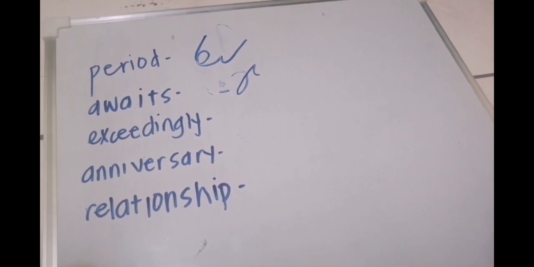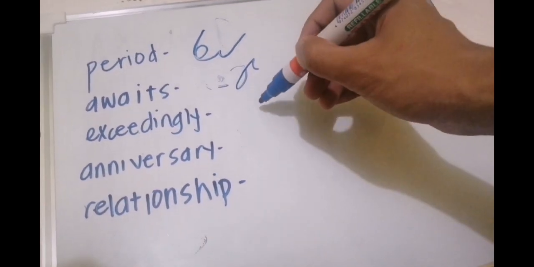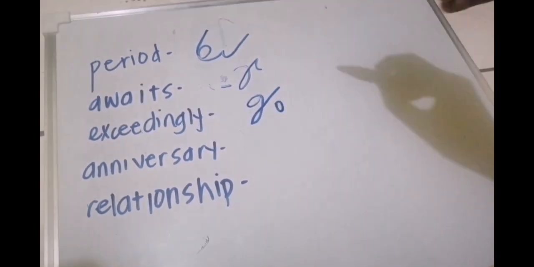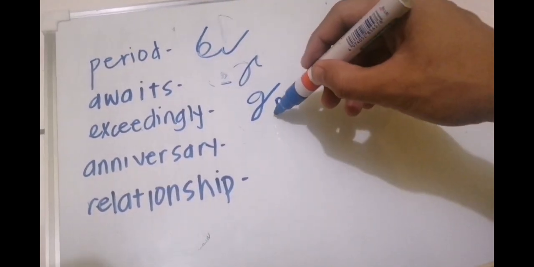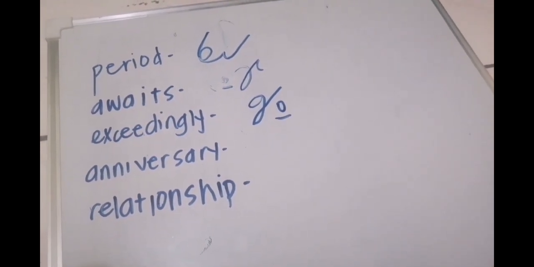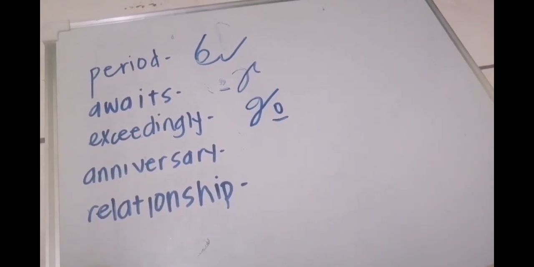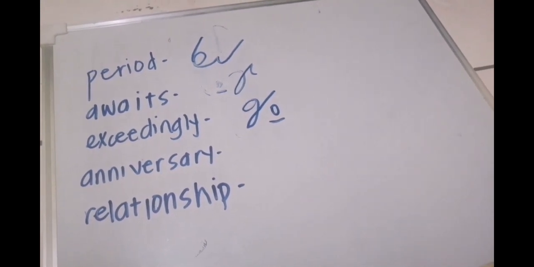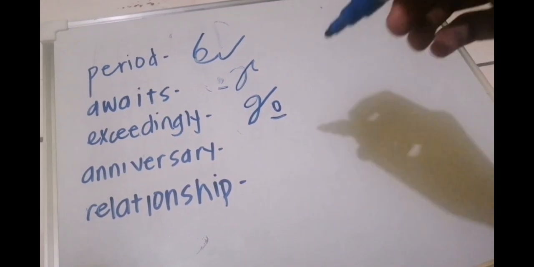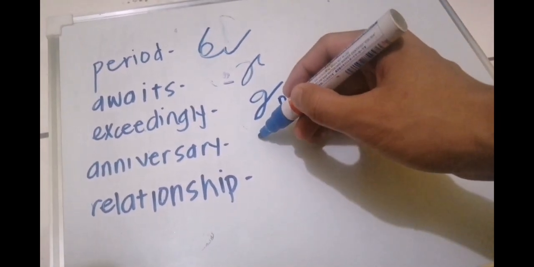Next one we have the word exceedingly. You must not forget the circle here, because that circle represents the word li. For our next word, we have anniversary.